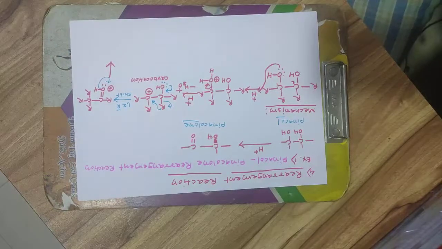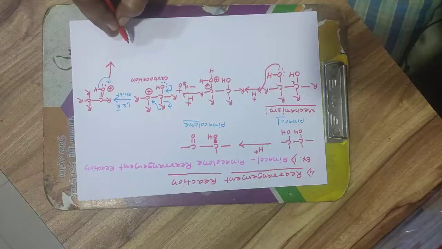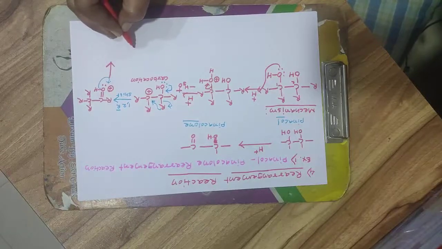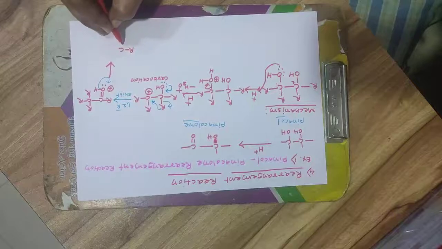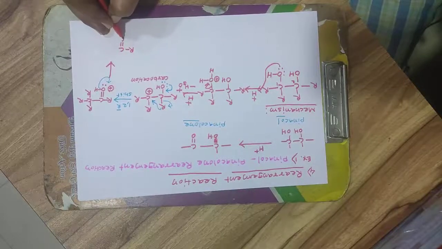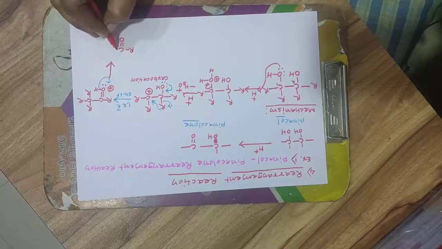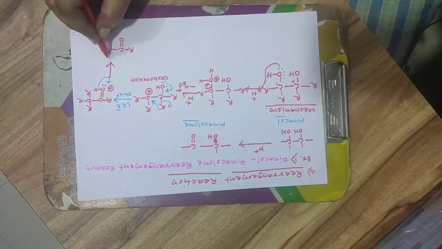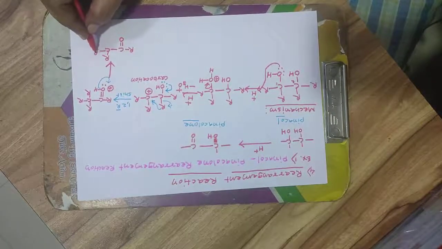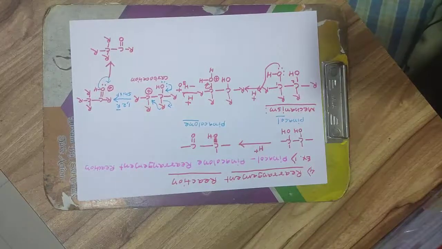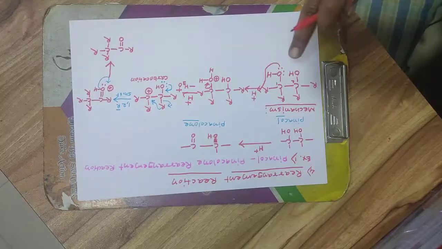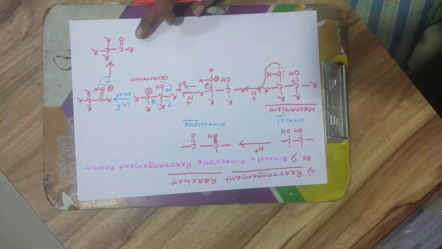And here we will get R, here is a C double bond O, right? Then R, then R, then R. So this pinacol converts into pinacolone.